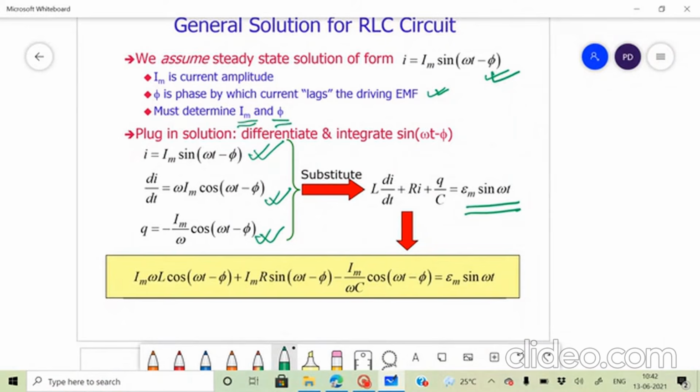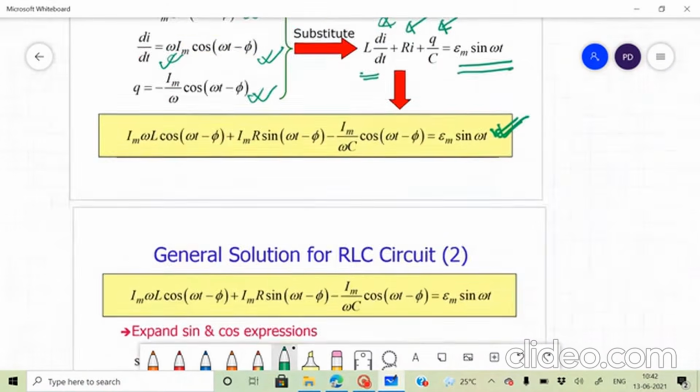If you remember the series LCR circuit, this is the voltage drop across the inductor L, this is the voltage drop across the resistor, and this is the voltage drop across the capacitor. So if you do the math, finally you will arrive at that expression. This is something very easy. You just take the values from here and plug in there, and you will arrive at that expression.